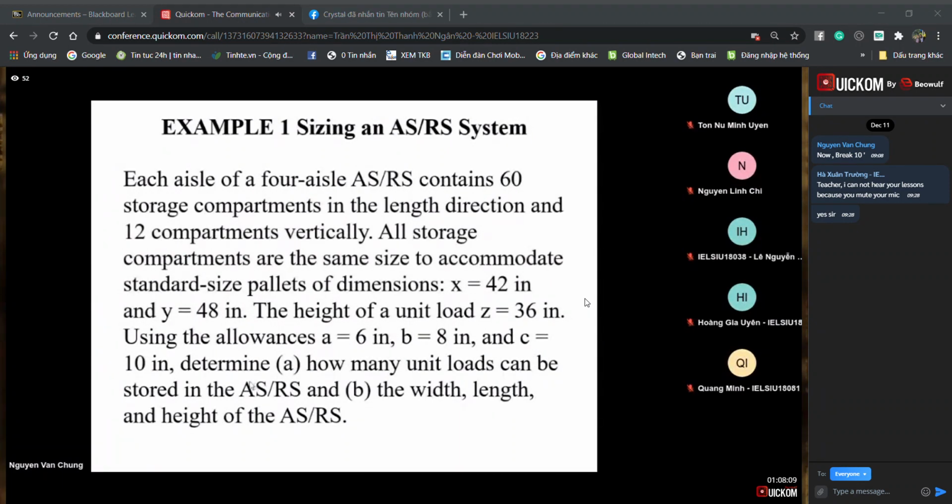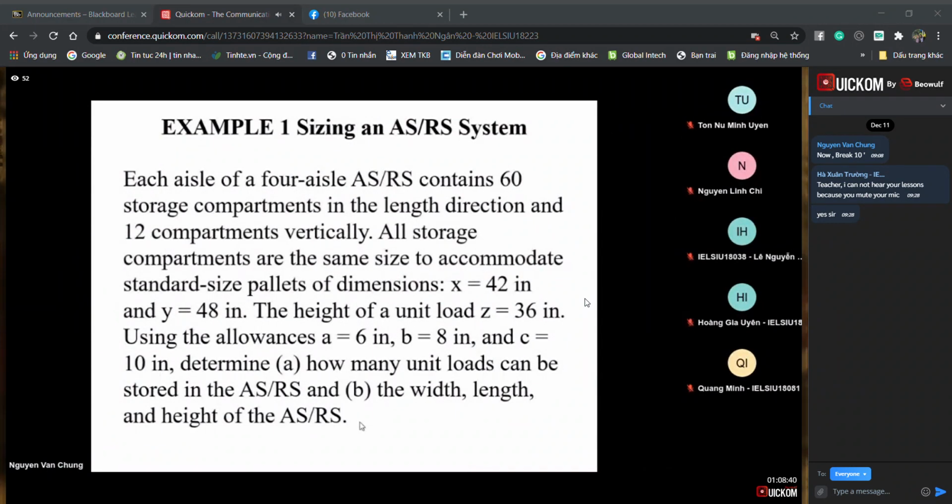Now determine how many unit loads can be stored in the ASRS. How many unit loads can be stored? This is the x and y length and the height of the ASRS.